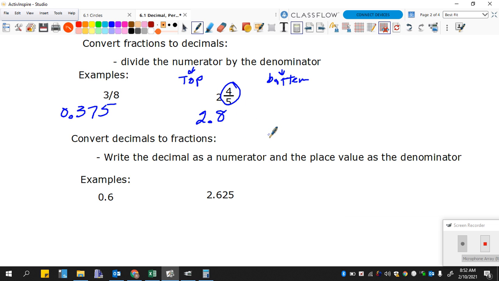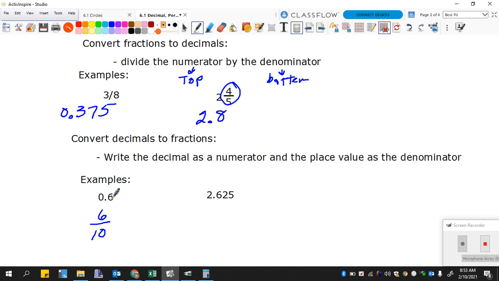So then if we're converting decimals to fractions, we have to use our place values. For instance, if you remember, it starts at tenths and then hundredths, thousandths, ten-thousandths, and so on. So this turns into 6/10 because it's 1 decimal place.